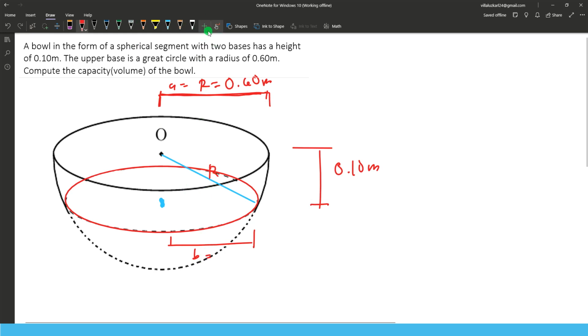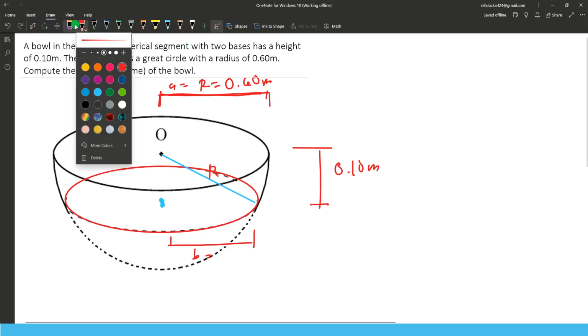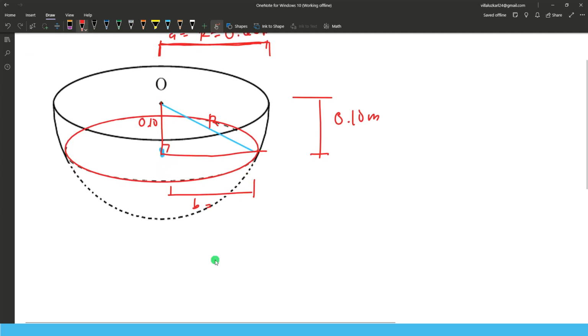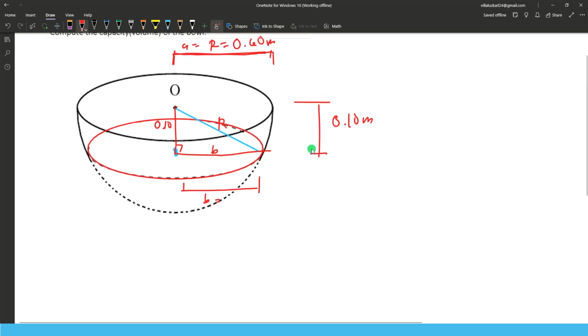Now the vertical distance between the centers of the two is the altitude, which is 0.1. Connecting the two, we form again a right triangle. So this is B, the radius of the lower base. This distance here is the radius of the great circle or the sphere, and this 0.1 here is the altitude. From that we can compute B.